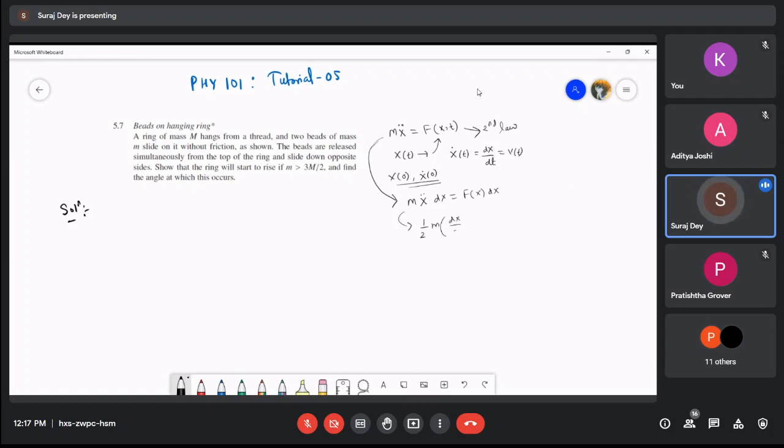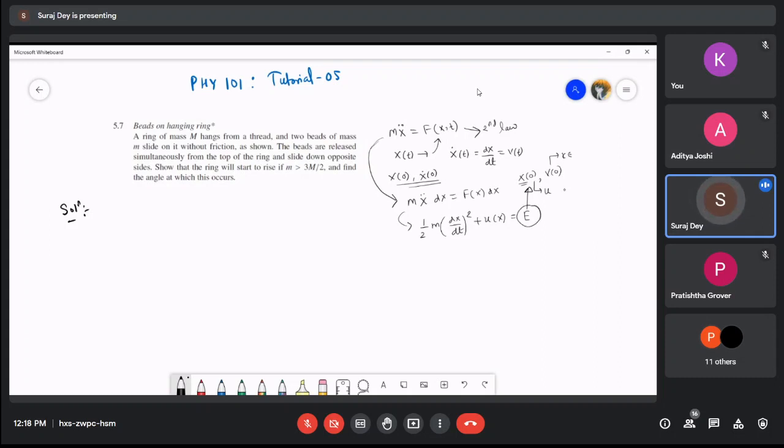This gives you an equation of the following kind: kinetic energy, (1/2)mv squared, plus potential, equals some constant, say E. This constant is determined by your initial conditions. You provide the initial position and the initial velocity, so this gives you the kinetic energy and the potential energy, and you can find what E is.